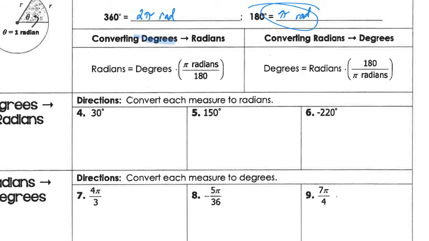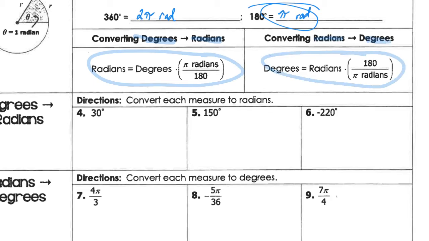So if you have degrees and you want to go to radians, here's the formula you use. And if you have radians, you want to go to degrees, it's just flipped around a little bit. Notice really the only difference is the fraction. Okay, so if you have degrees, you want the degrees, the 180 in the bottom. If you have radians, you want the radians in the bottom so that they will cancel each other out.